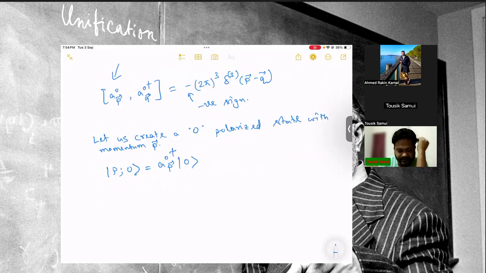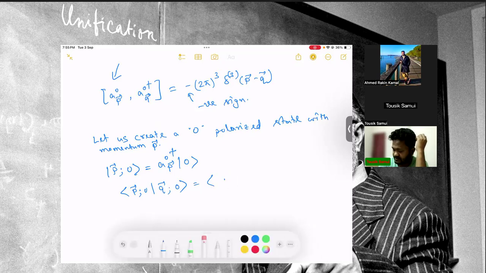Now if we take p and 0, say with some other state, you can see this will be nothing but the state created from the vacuum, so it will be a0 p.